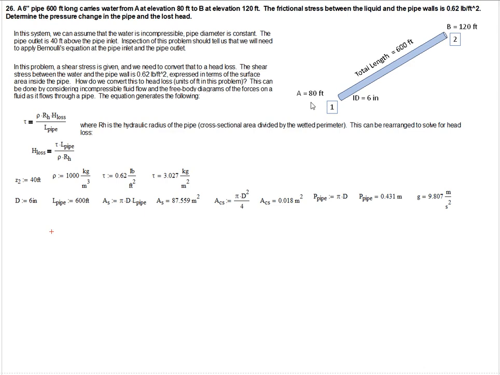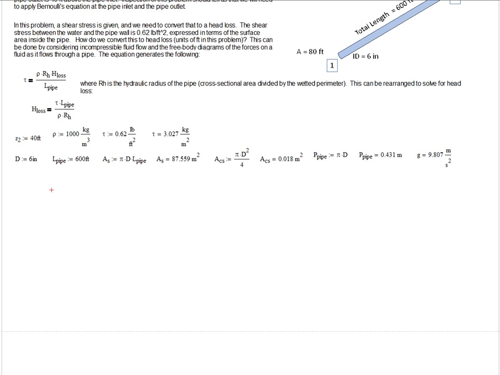I'm going to set position 1 as the datum, the baseline, so that's an elevation of 0, and that makes Z2 equal to 40 feet. I'm going to use a nominal density of water of 1,000 kilograms per meter cubed. We've got our shear stress, and we can write that in terms of American or SI units. Diameter, length, we can calculate a cross-sectional area and the perimeter, and of course gravity is constant.